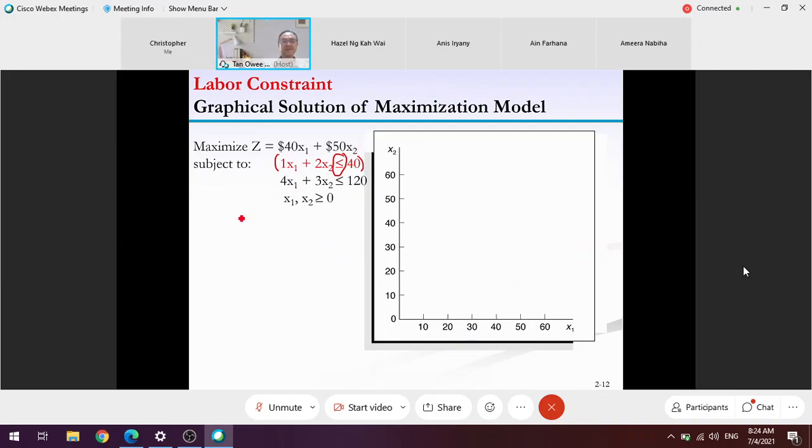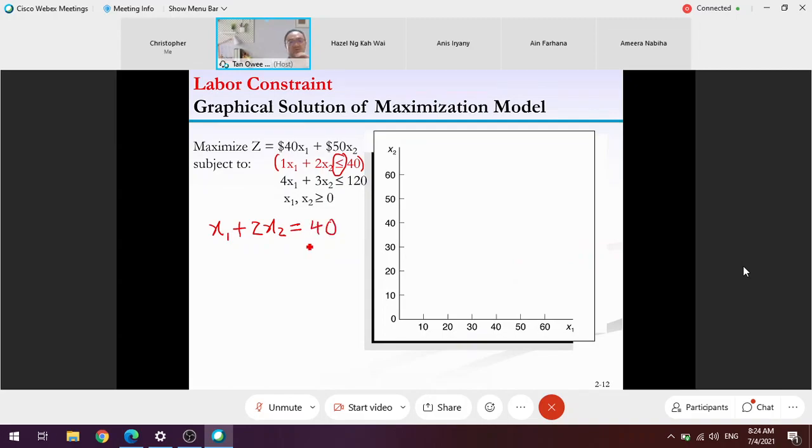Tak boleh. So langkah pertama, I must plot the line first. For example, I want to plot the line of X1 plus 2X2, with the line being equal first, to 40.